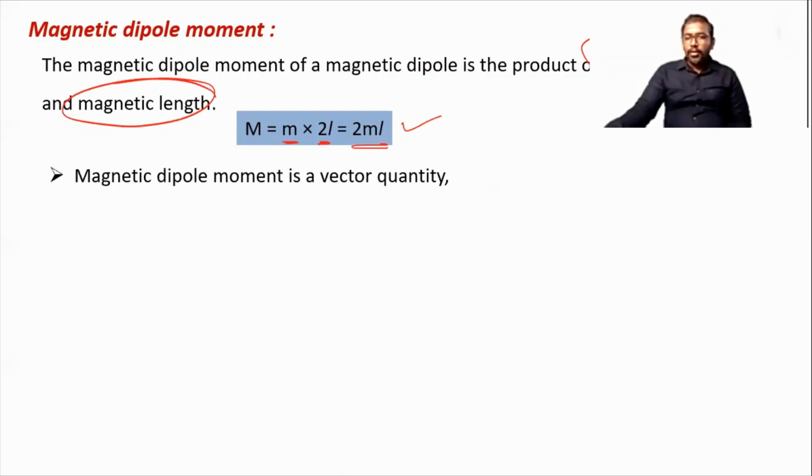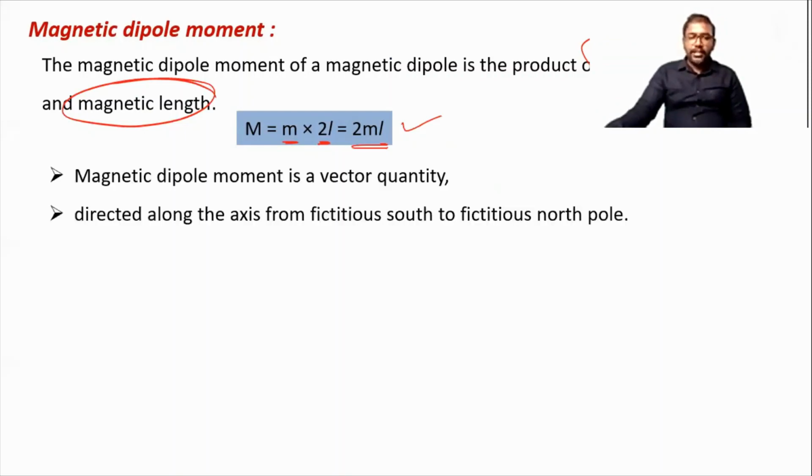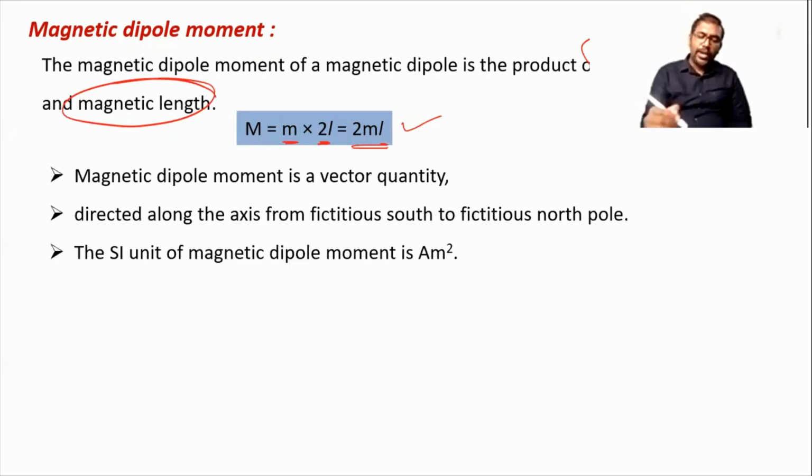Now magnetic dipole moment is a vector quantity and it is directed along the axis from fictitious south pole to fictitious north pole. The SI unit of magnetic dipole moment is ampere meter square. How do we get this unit? You remember one thing here: for a coil, the magnetic dipole moment is given by a formula. A current carrying coil acts like a dipole, and the magnetic dipole moment of the current carrying coil is given by the formula NIA.